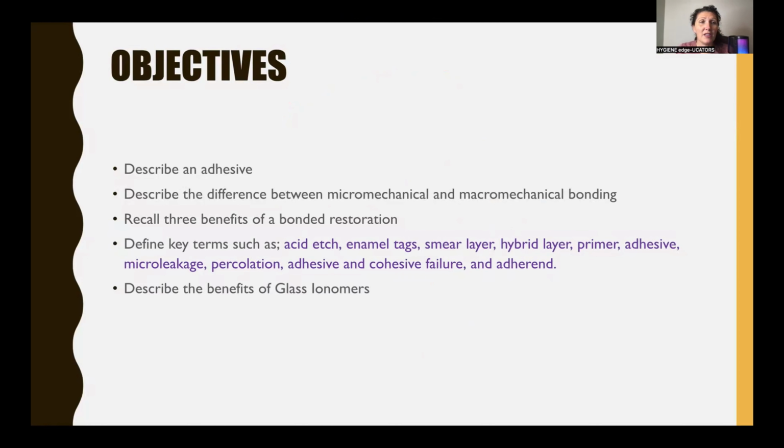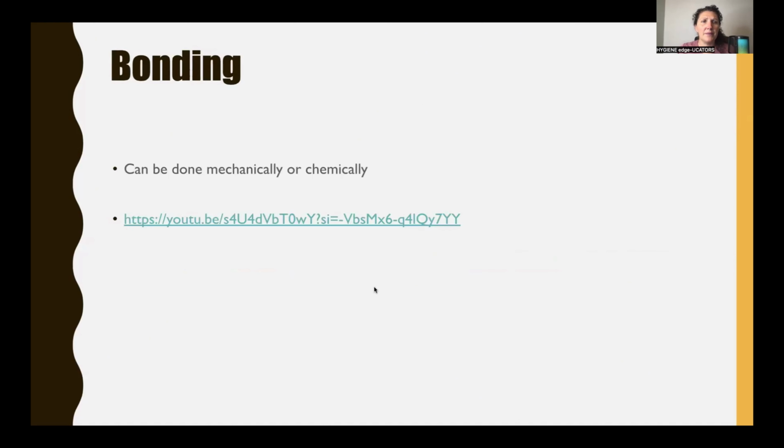Sometimes we need to create those little cavities in the teeth like we do with sealants to get things to stick. And sometimes it's literally a glue. So that would be like bonding. So we're going to talk about some different terms that are important to know when it comes to bonds and adhesives. So let's go ahead and take a look at this little video here to start.